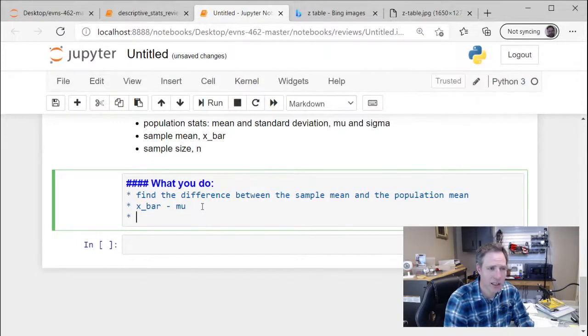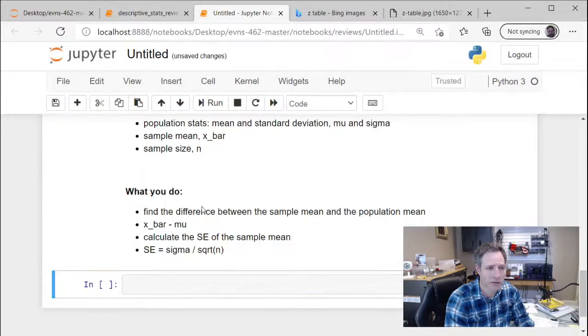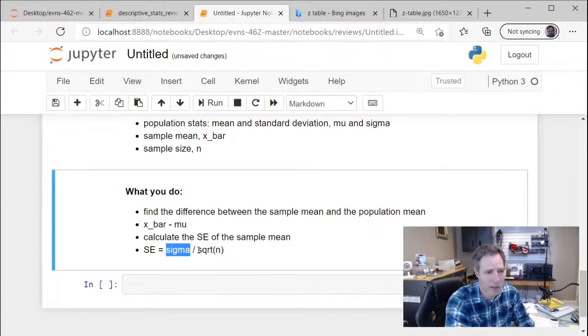All right, the next thing you need to do is calculate the standard error of the sample mean. How do you do that? Standard error is equal to the standard deviation of the population sigma divided by the square root of n. All right, so it's the standard deviation from the population divided by the square root of the sample size.